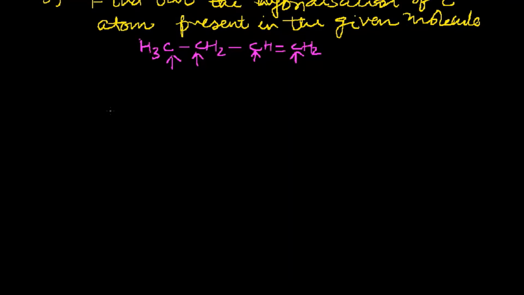So in this particular case we can see here the hybridization of these. How do you find hybridization of a particular atom present in the carbon chain?